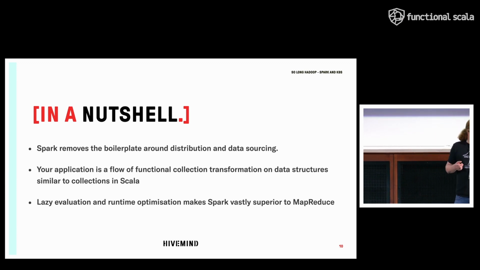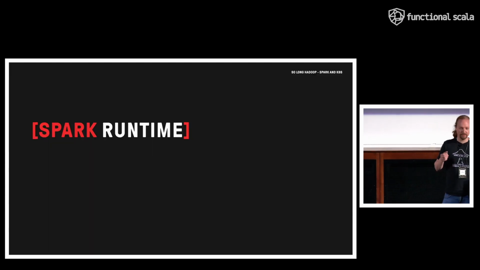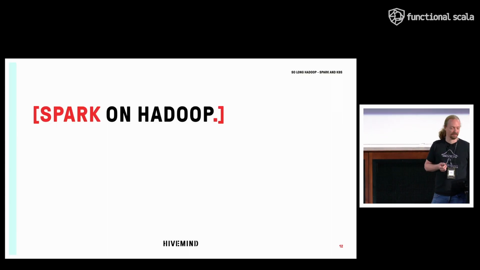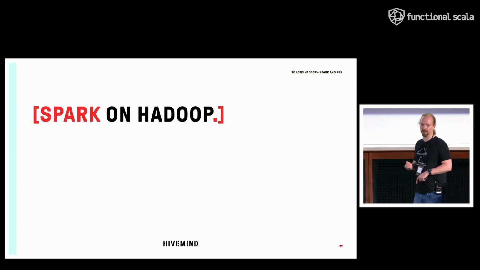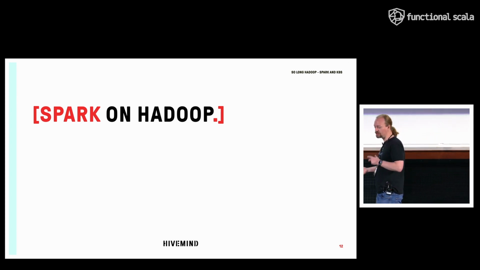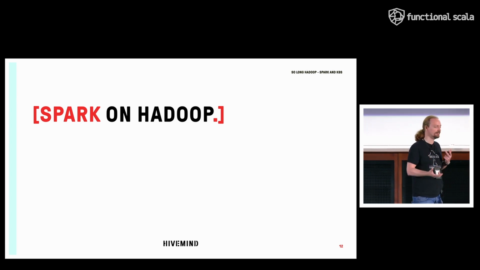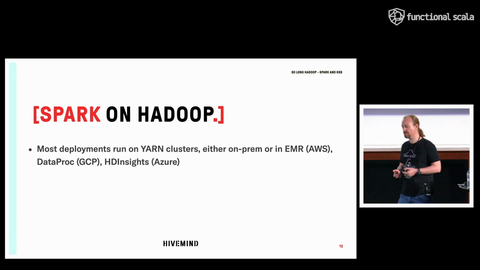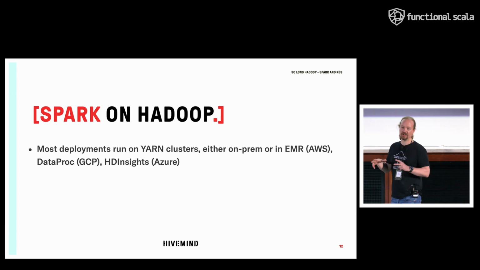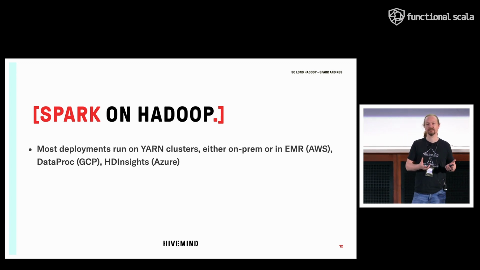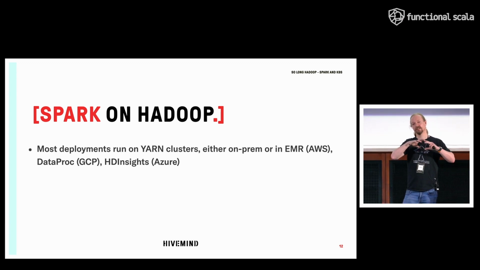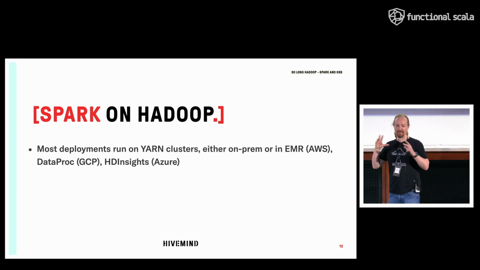So that's essentially Spark. And if we now think about runtimes, we come back to Hadoop. Spark and Hadoop have been in a symbiotic relationship ever since. Most deployments of Spark run on Yarn clusters. Yarn is the job executor of Hadoop. Hadoop is essentially not really a product but more like a family of tools.